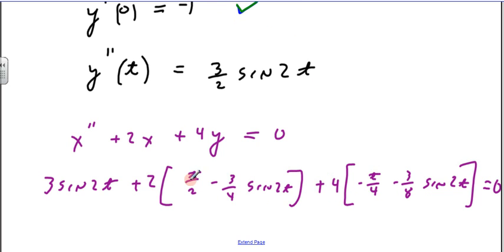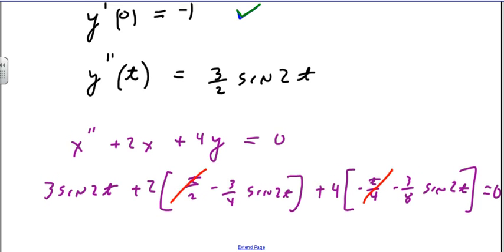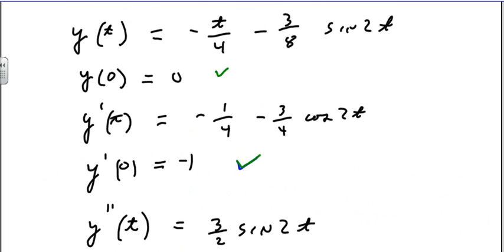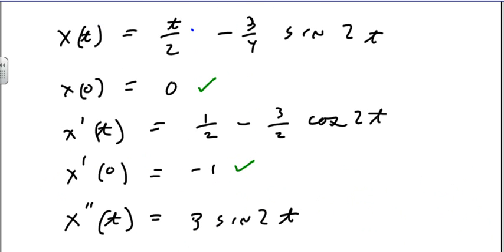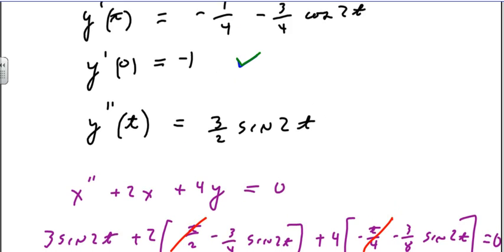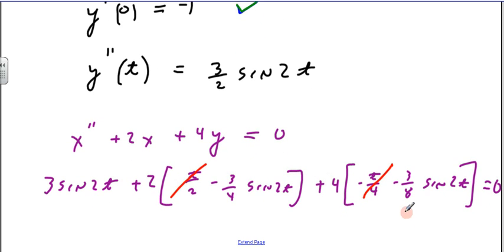Okay, so I've got t minus t. They go away. Boom, boom. I've got minus 3/2 sine, and I've got another minus 3/2 sine. What am I doing wrong there? How come they're both minus 3/2 sines?